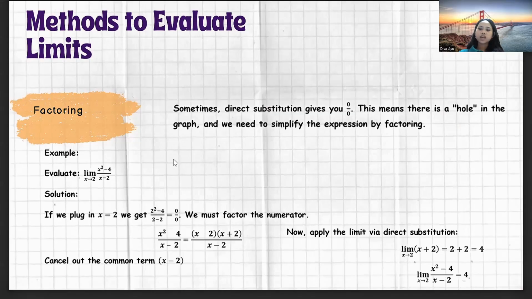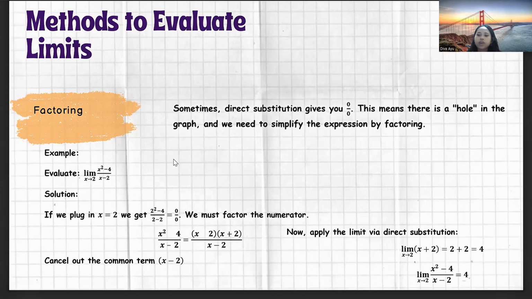And next, the second method is the factoring method. The method is used when direct substitution produces the indeterminate form 0 over 0. Instead of stopping there, we simplify the expression by factoring the numerator or the denominator.